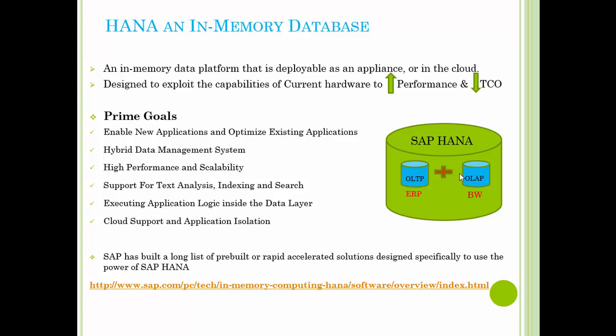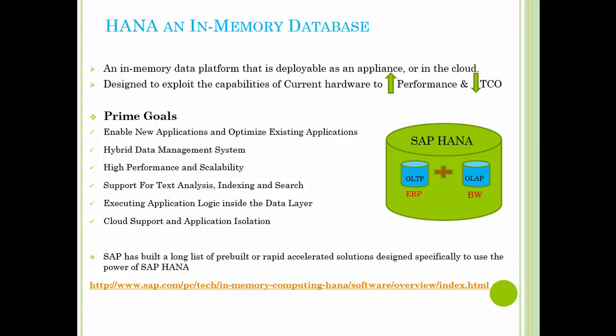But how? Simple. SAP HANA excludes the need for separate ERP and BW databases by combining OLTP and OLAP transactions in one database, that is SAP HANA. That is SAP HANA technology, which is offered as an appliance and also as a platform.